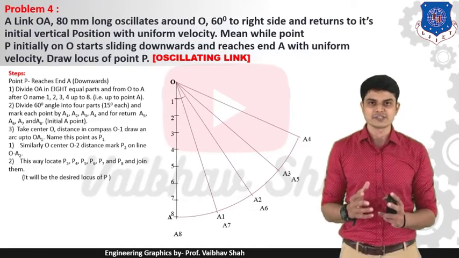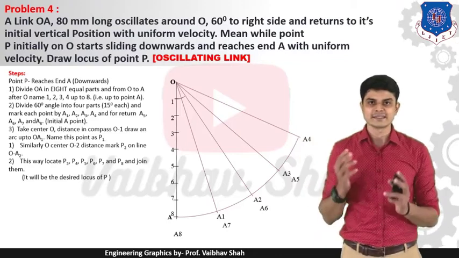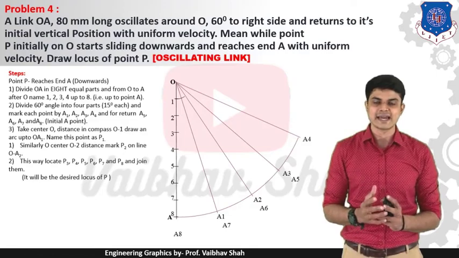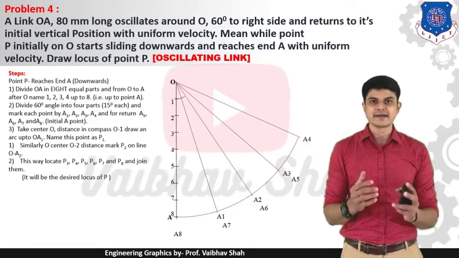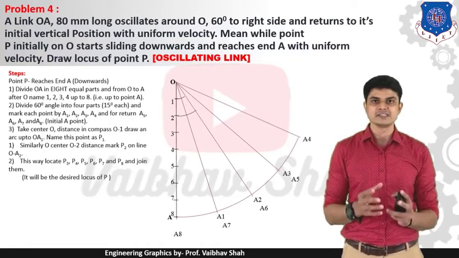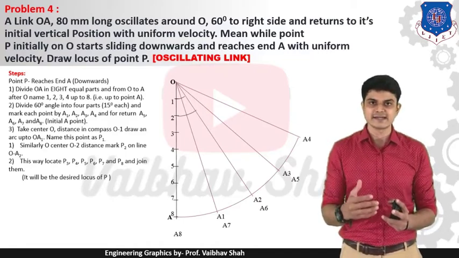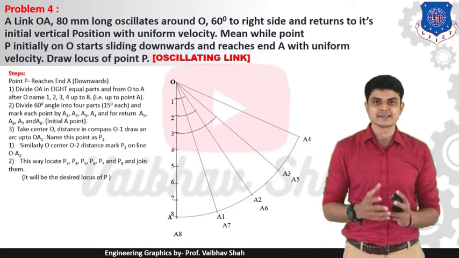Now for the second position, the point moves a little bit down from O till 2, and at the same time it may have turned to A2 on the right hand side. So what we need to do, take O as a center, O2 as a radius, and draw the arc until you reach the A2 line. Similarly, for the third position, take O as a center, O3 as a radius, draw one arc until you reach the A3 line.